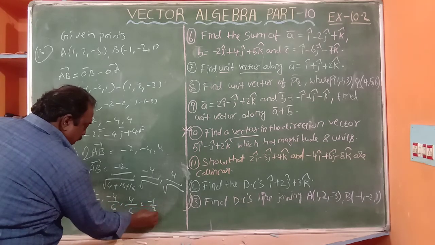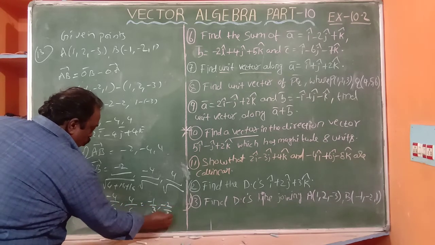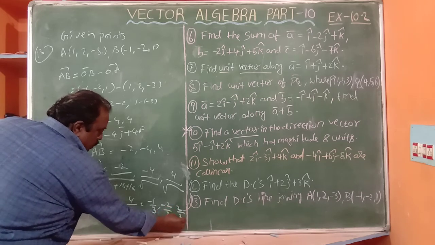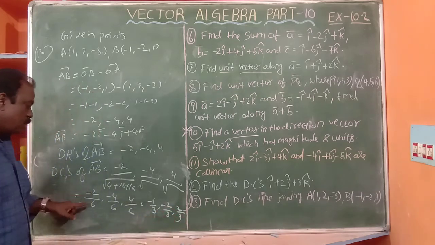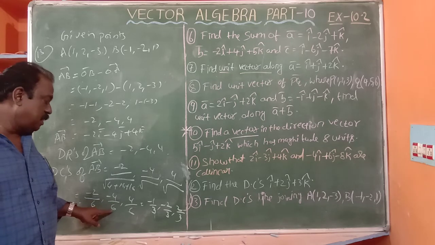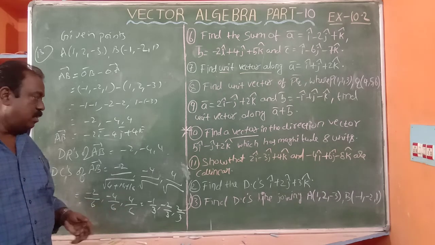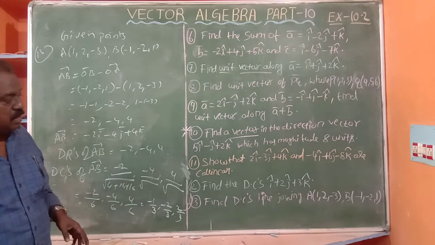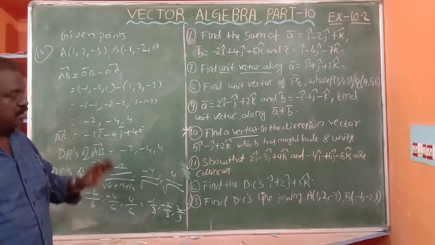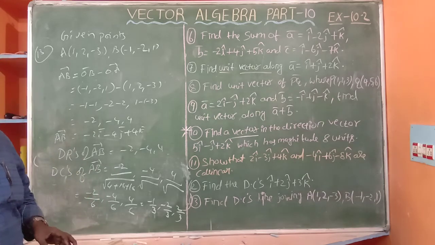Minus 1 by 3, minus 2 by 3, 2 by 3. Those are the DCs. Observe the method of finding them.